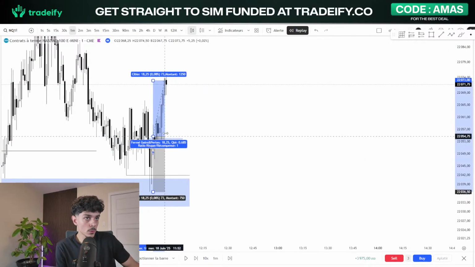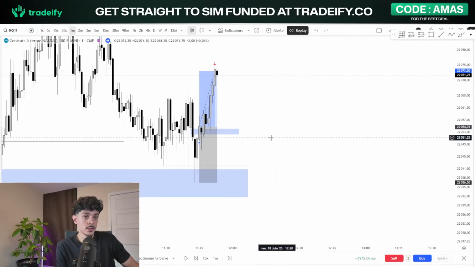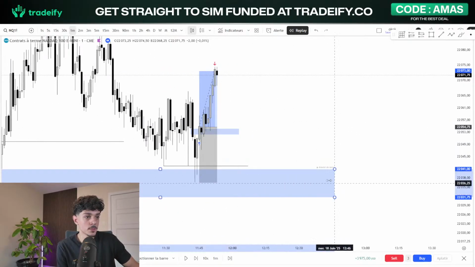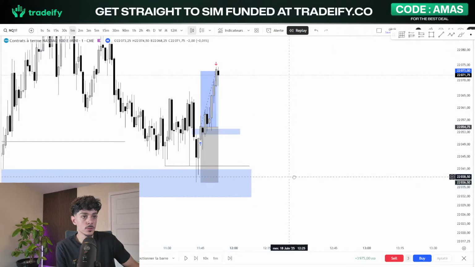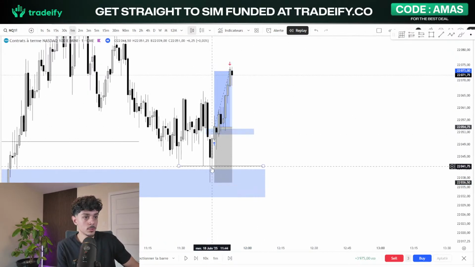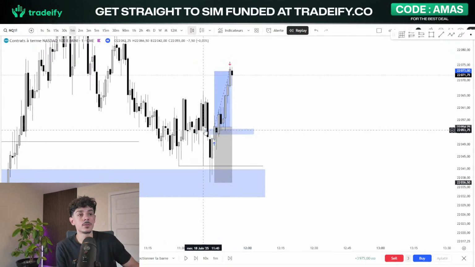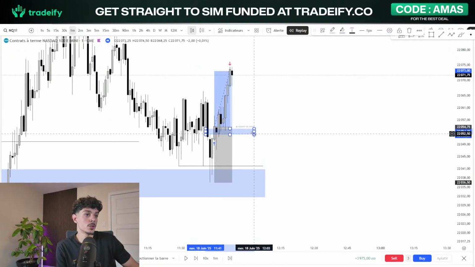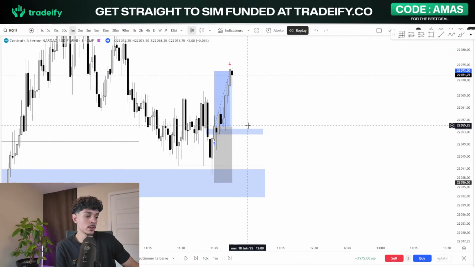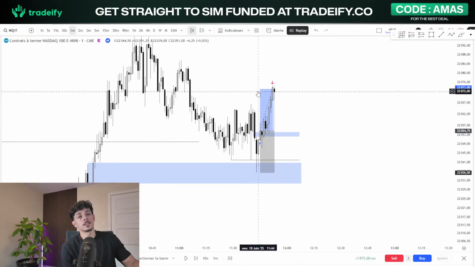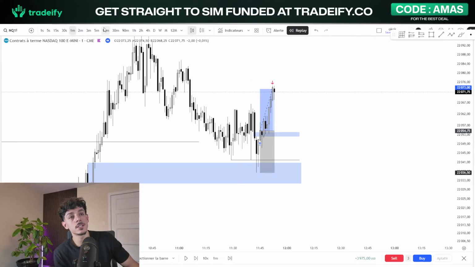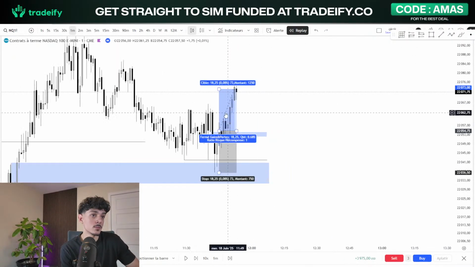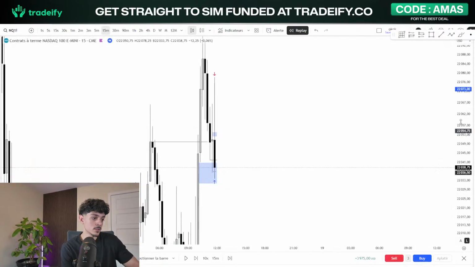So right here again, using the same exact framework, 15-minute gaps located where my buyers were in the market, it couldn't close below inside of this gap, then inversed the area where sellers were located. You could tell me anything, but I'm taking the same trades here, as you guys see, the same exact trades.